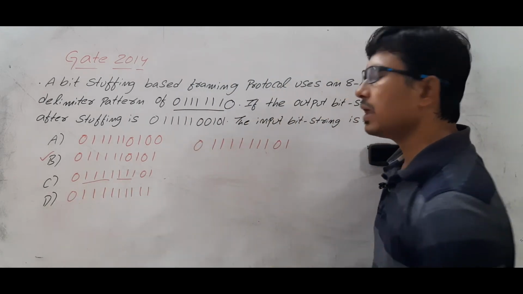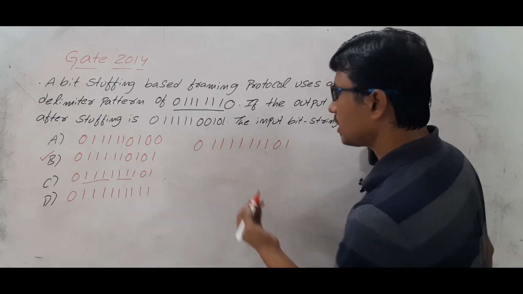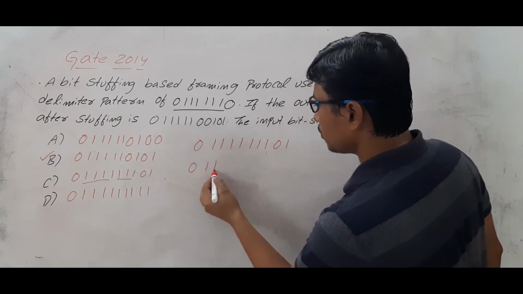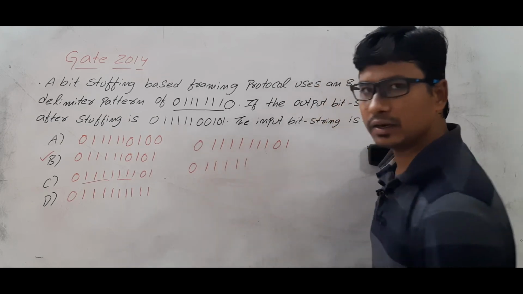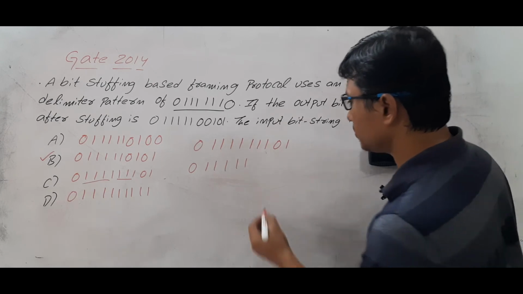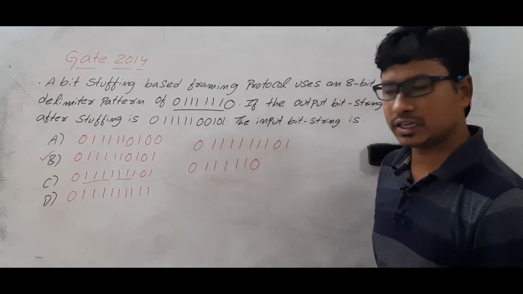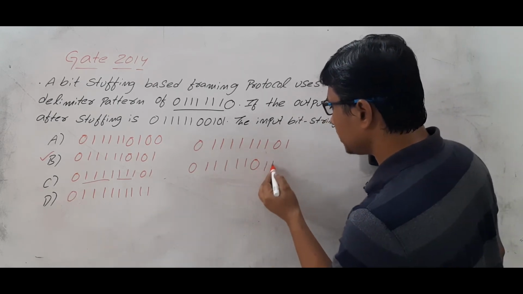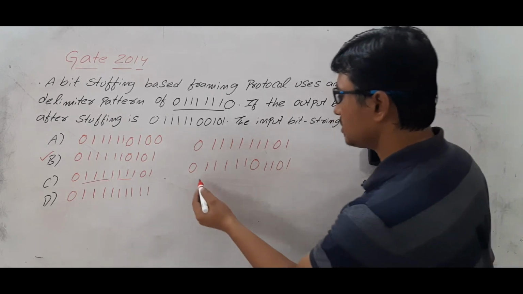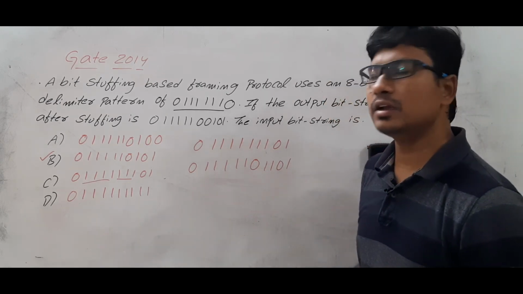Okay, yes. Now we will compute the output for it. 0 1 1 1 1 1, 5 1s. After that, a 1 comes or a 0 comes, I will keep an extra 0 and send the remaining information, 1 1 0 1. So this is what the sender will send as output.